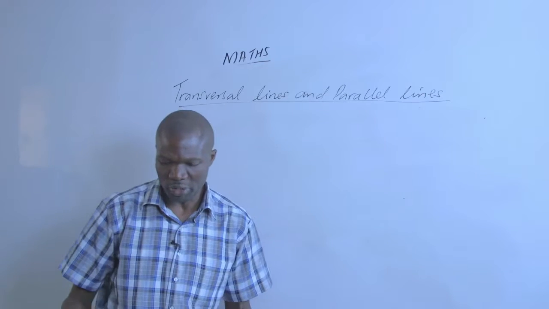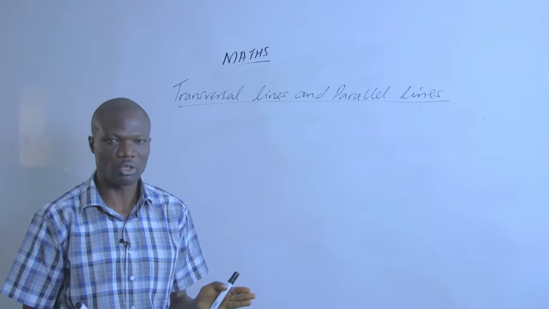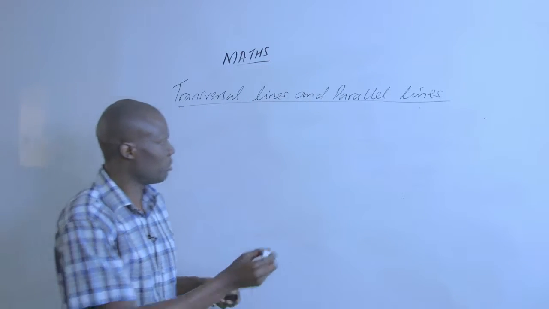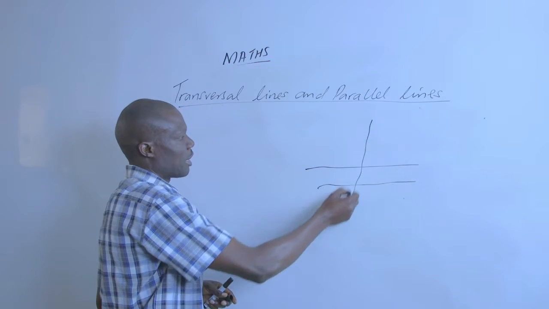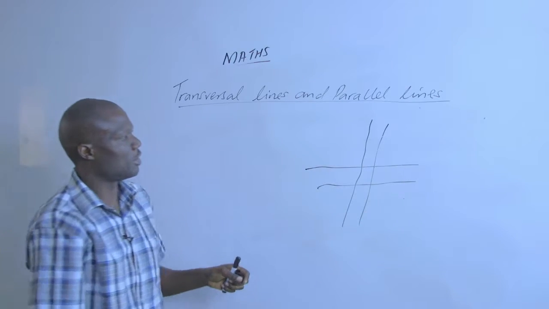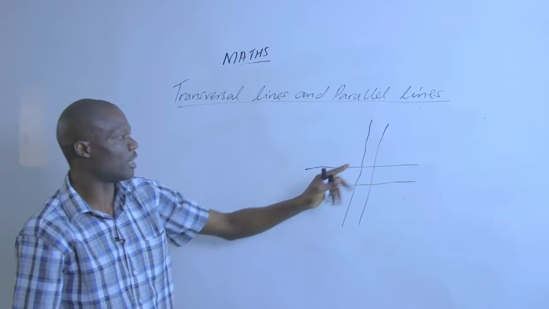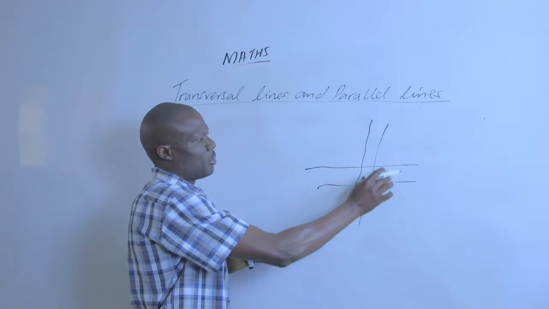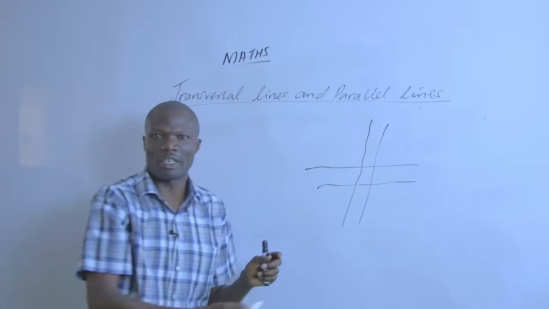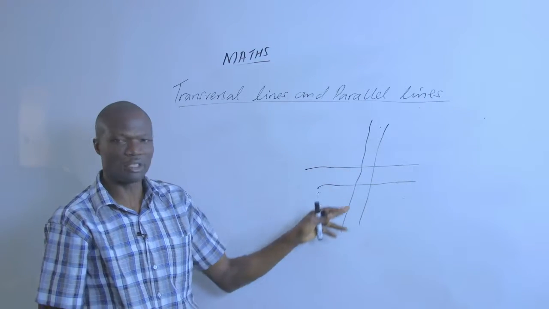A good example of a transversal line, we look at the roads. We can have a road maybe moving in that direction, and then another road cuts across. You see, this road here is simply like a line, which we have two pairs, and then this other road that cuts across is a transversal.